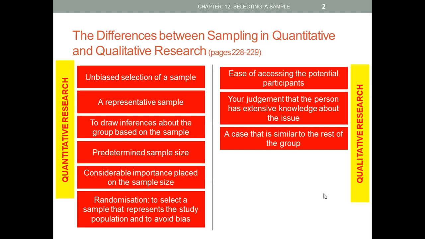Another consideration for qualitative research sampling is that a case that is similar to the rest of the group is going to be selected. A case in this context refers to a participant, a student, a teacher, or a voter who is similar to other voters, teachers, or students and is going to be contacted and interviewed.